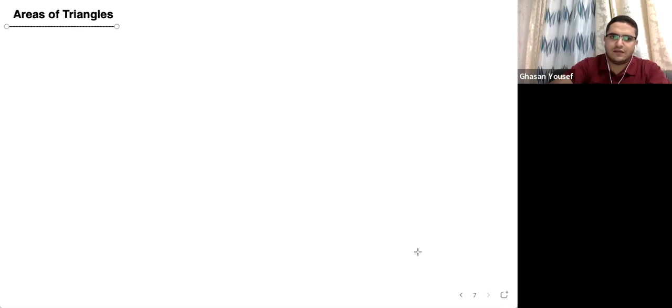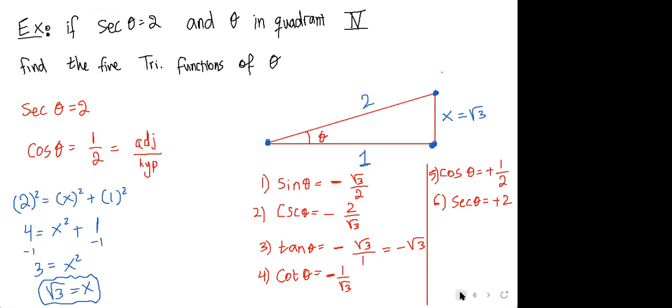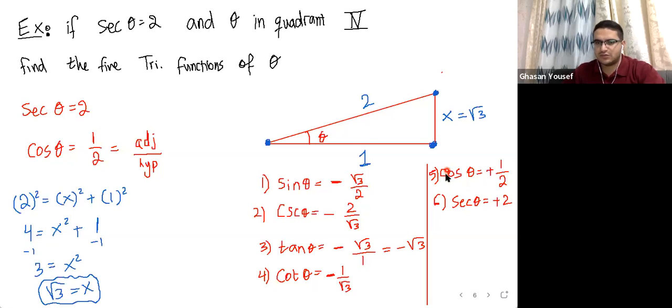I'm so sorry to ask you to go back, but why do we have some of them positive and negative? I understand because it's in the fourth quadrant, but what about the last two? For the last two here, the angle is in the fourth quadrant. So in the fourth quadrant, the cosine is positive, and also the reciprocal of cosine is positive.